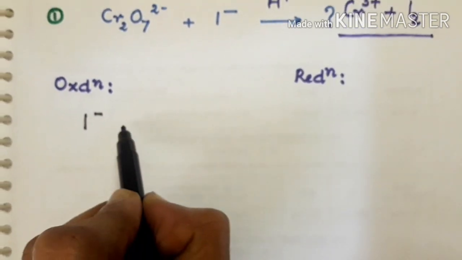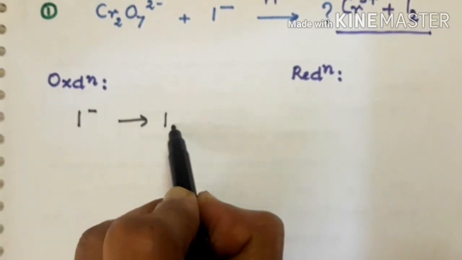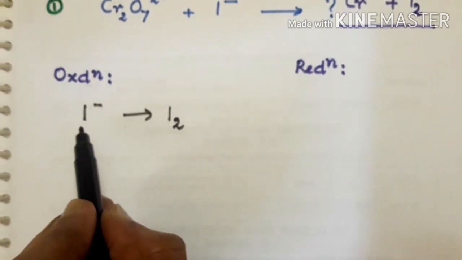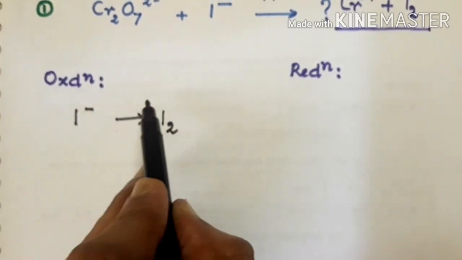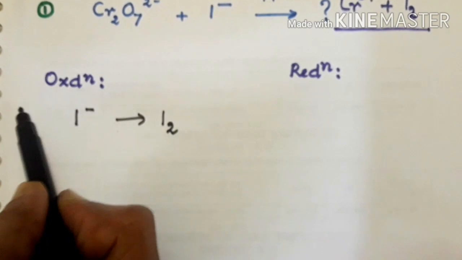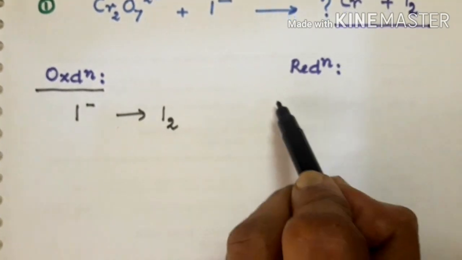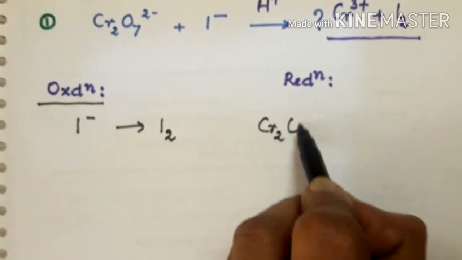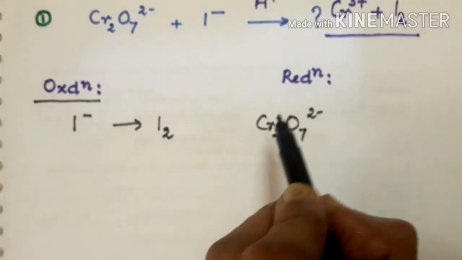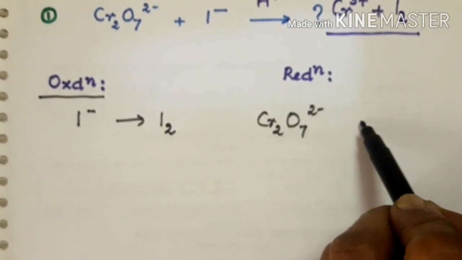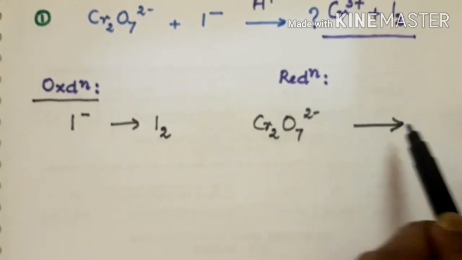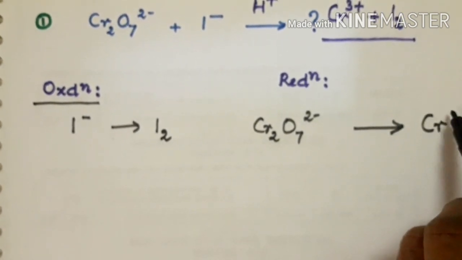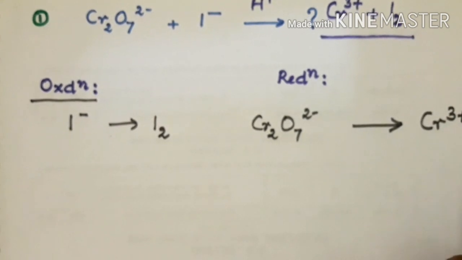After the reaction it gives I2. So here -1 changes to 0. That means oxidation occurs. The second part, Cr2O7 2-, acts as an oxidizing agent, meaning it has to get reduced. So here you find that it will be converted to Cr3+.